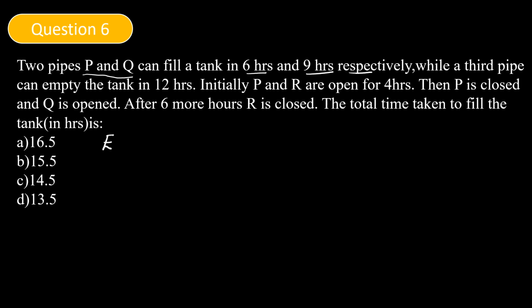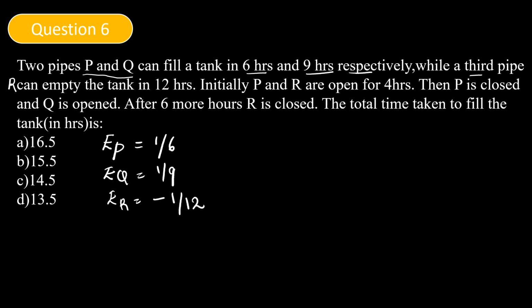Therefore, the efficiency of P is 1 by 6 and the efficiency of Q is 1 by 9. A third pipe can empty the tank in 12 hours. This third pipe is R. Since it is emptying, it is negative work. Therefore, the efficiency is minus 1 by 12.